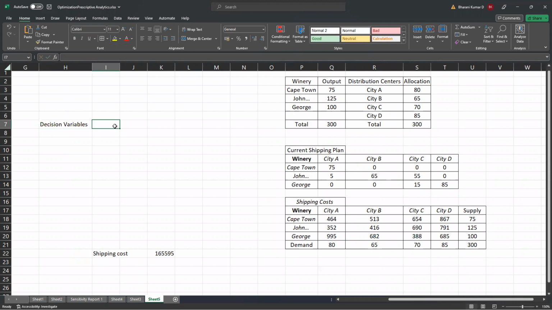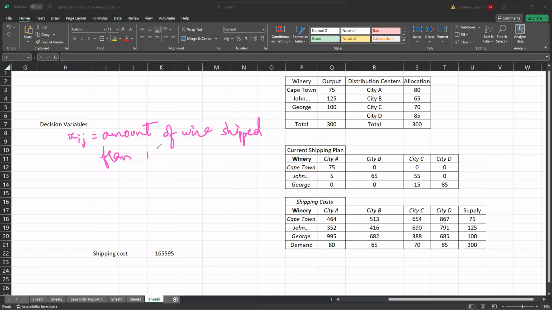Let me write it down. Xij is a decision variable, which is nothing but the amount of wine shipped from i to j, where i is the binary and j is the distribution center.